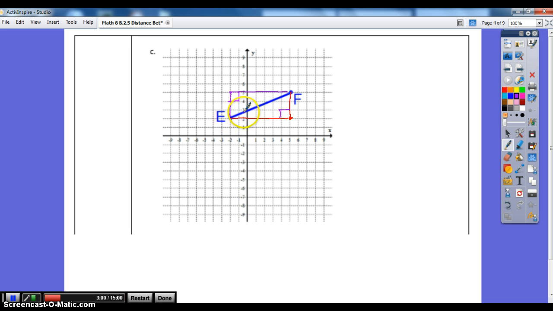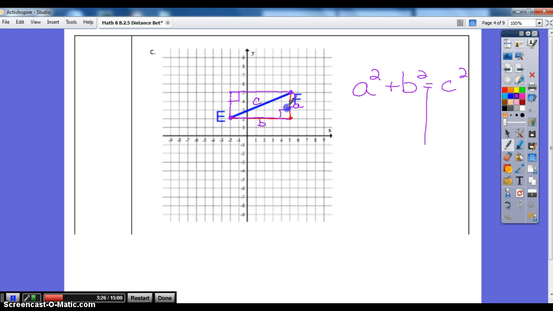The line that we have to find the distance between would be our what? A, B, or C? C. That is our C. That is our hypotenuse. And then our legs are A and B right here. So we use our Pythagorean theorem, A squared plus B squared equals C squared. Now, what do I use for A? 3.